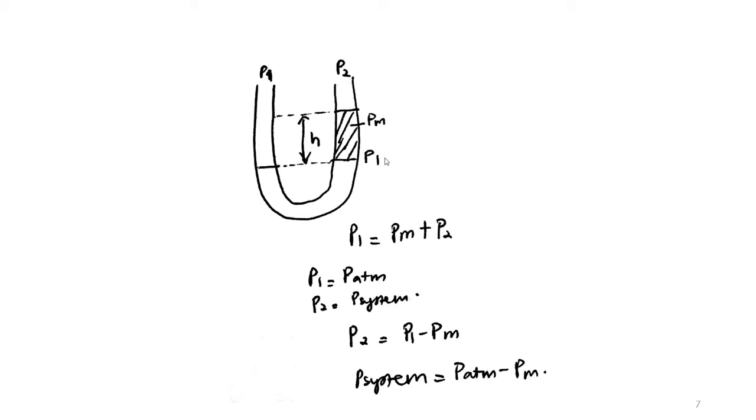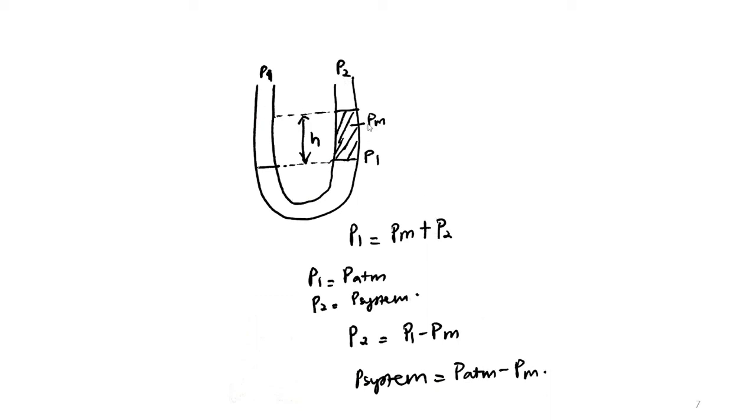So it's equivalent to the pressure of the manometer, in this case the mercury inside, which is related to the height of the mercury in mmHg, plus that of the pressure of P2. So P1 is actually equal to Pm plus P2.